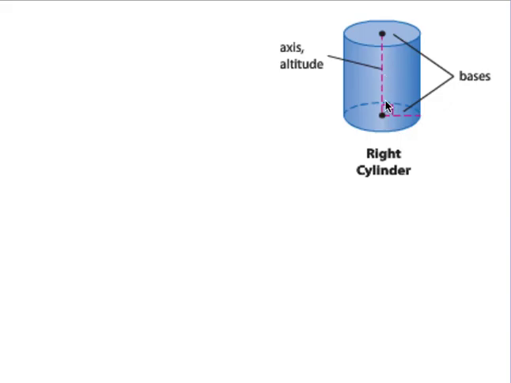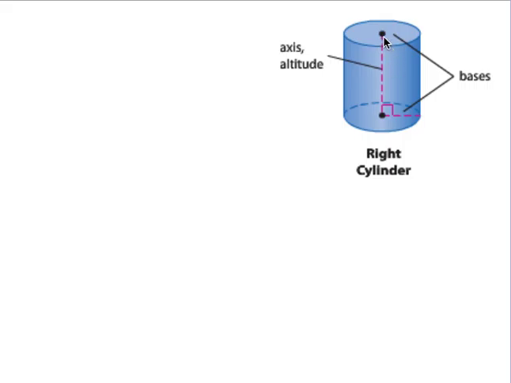Again, just a real quick rundown of some terms that we'll use. The bases of a cylinder are always going to be circles, and the altitude, the axis of a cylinder, is always the line that connects the two centers of the bases. So in a right cylinder, that axis will form a right angle with both of the bases.